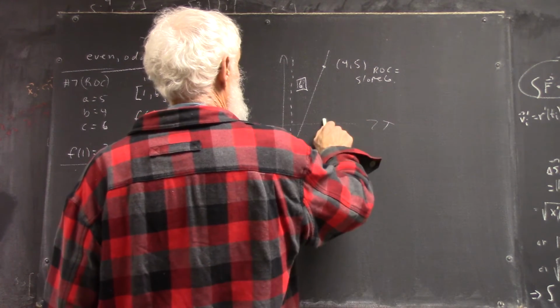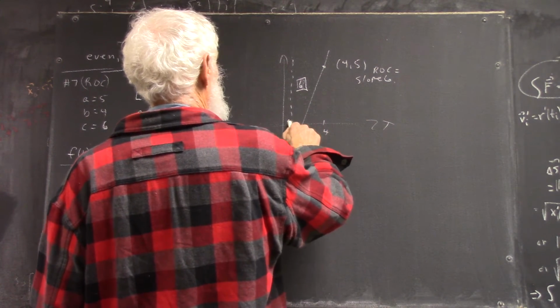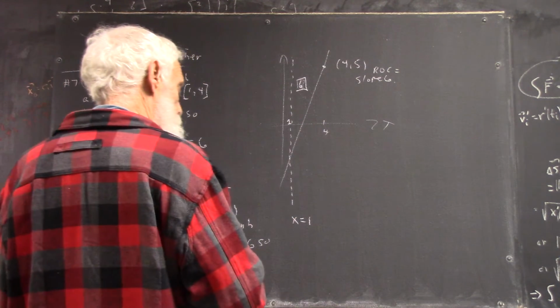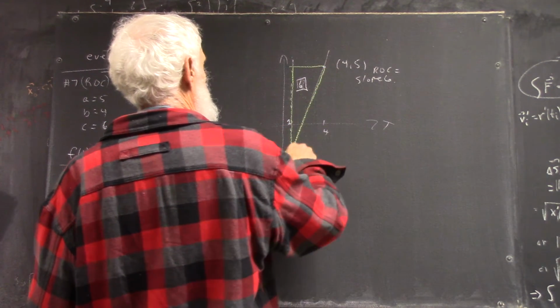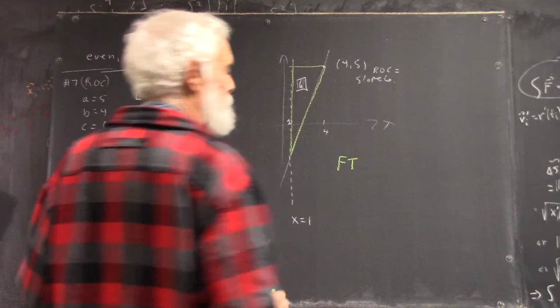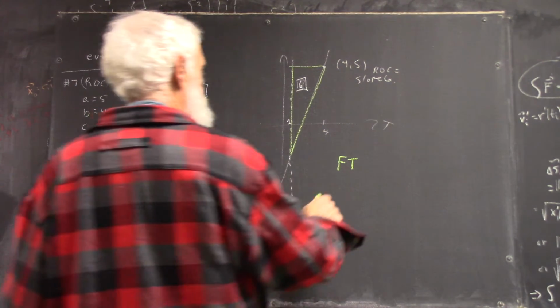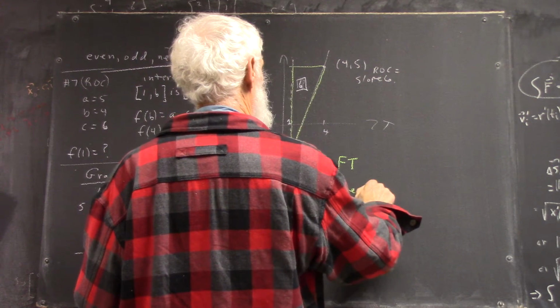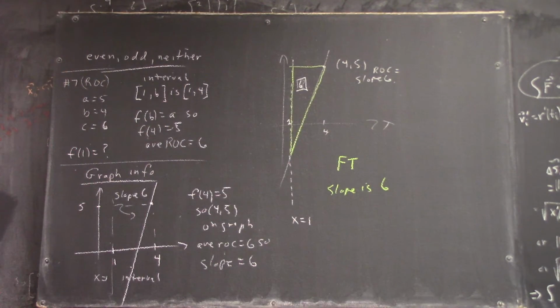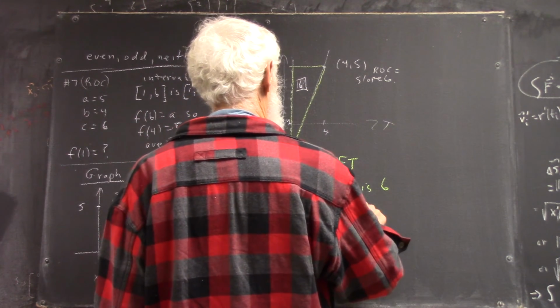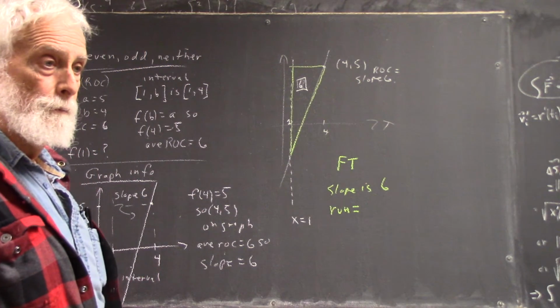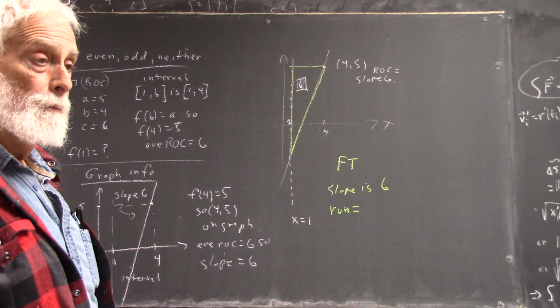So here's 4, here's 1, and now we have a fundamental triangle. Slope is 6, right? And what's the run? How do we know how to draw the 6 again? How to draw what? The 6, like slope 6.